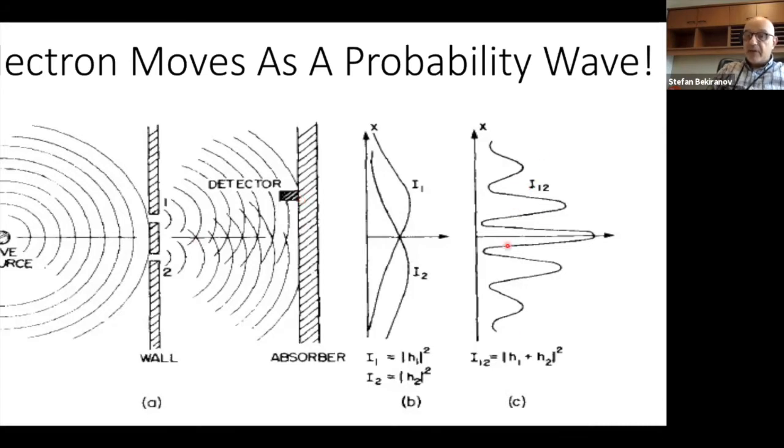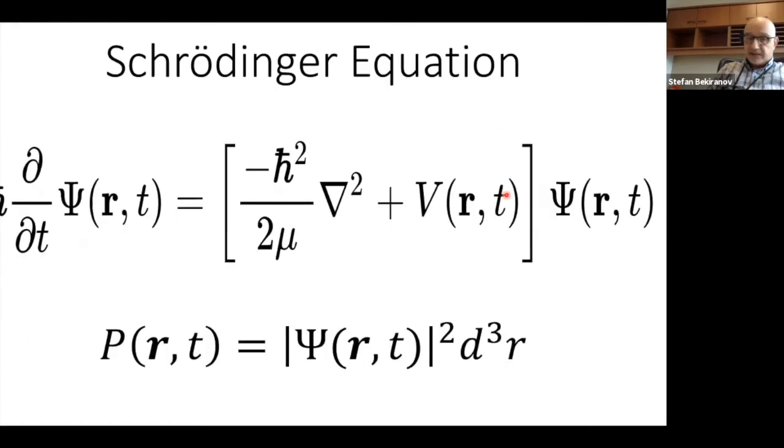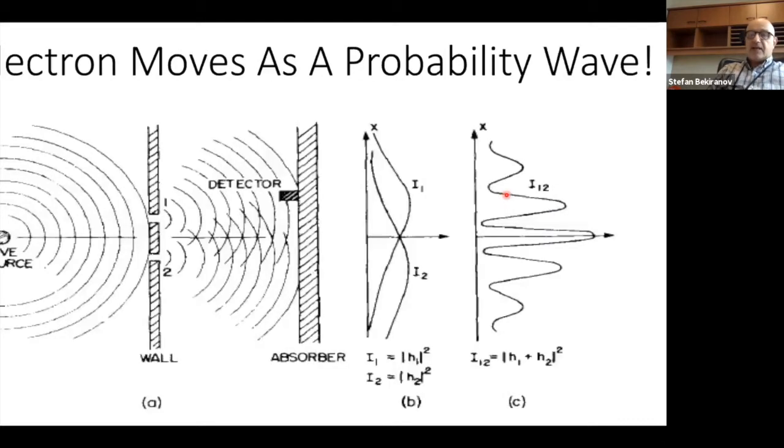And when you do many, many experiments, this is the detection pattern that you keep finding again and again, and it's exactly described by solving this equation in this setting.